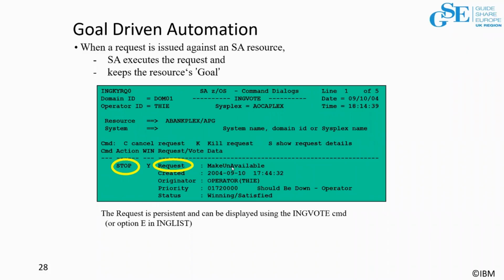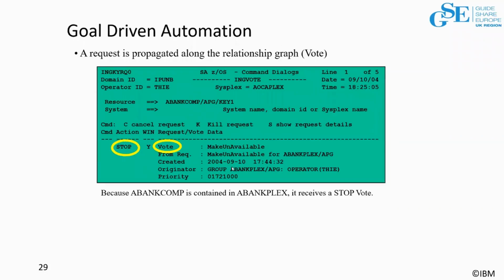Or as we've seen, you can issue E in ING list against a specific resource. Votes can be propagated along the relationship graph. So if you do a vote against a group, that vote will be propagated to all of the resources in that group.